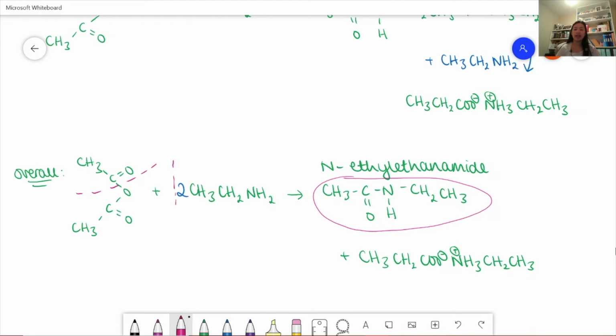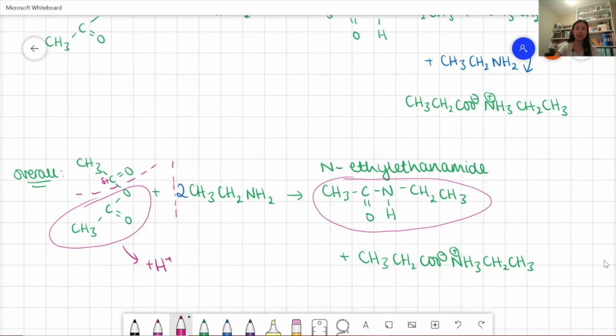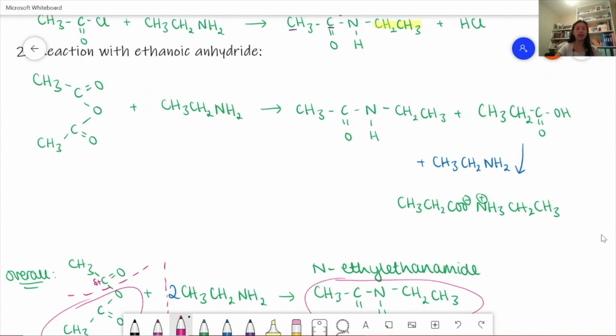So if we put a mirror line here and we flip it round, and then bond it with this partially positive carbon, this is how we get the secondary amide. And then we have the rest of this molecule here, which reacts with the H plus to form what we had as the carboxylic acid here, where we had the ethanoic acid.